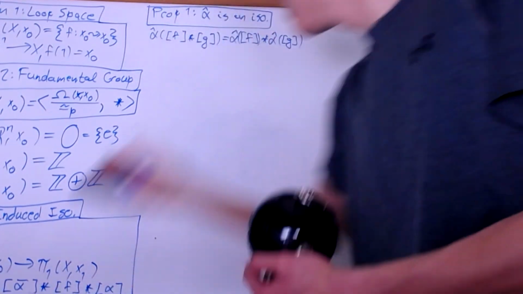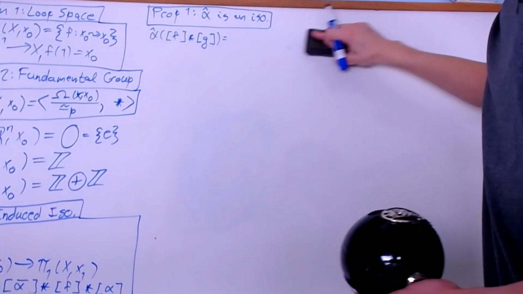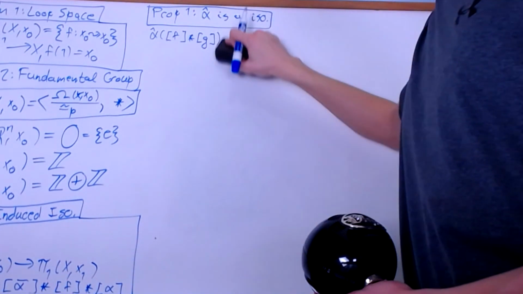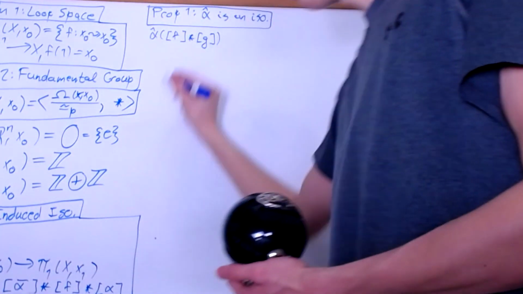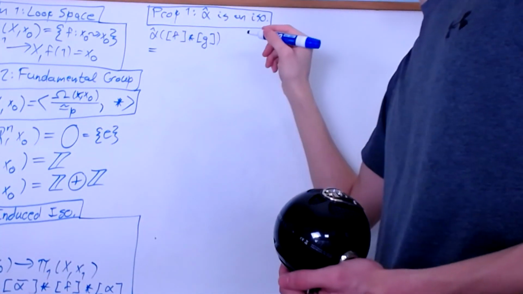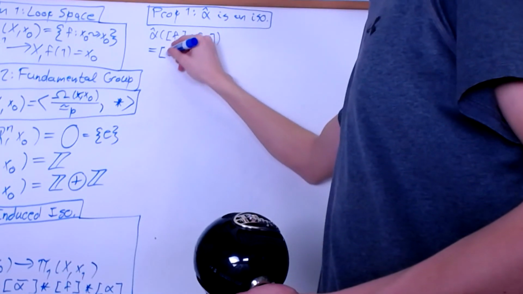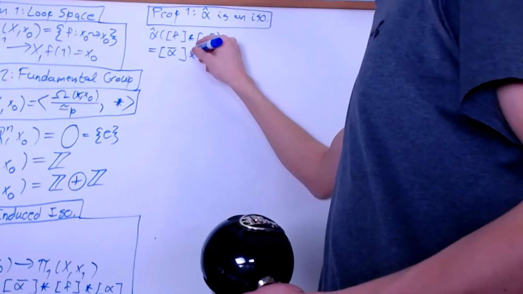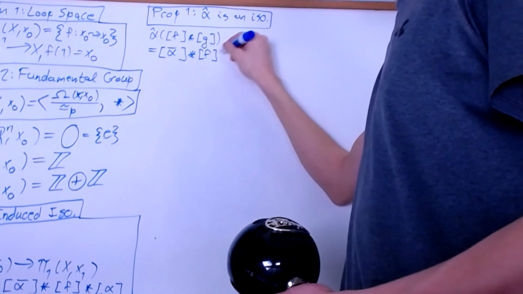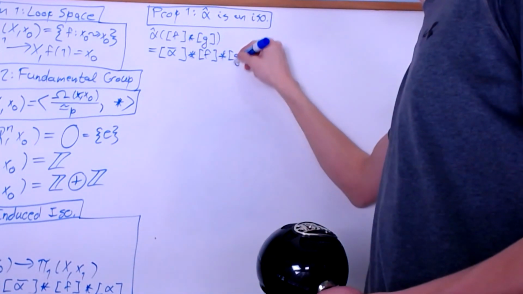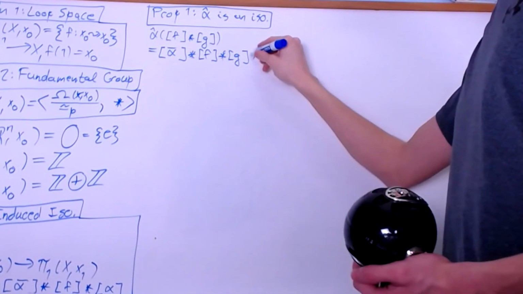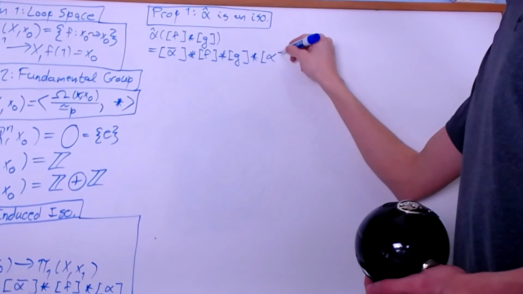Well, let's go ahead and do this calculation all the way out. So alpha hat of f star g is going to be equal to, by the definition that we have, alpha bar star f star g and then star just alpha.